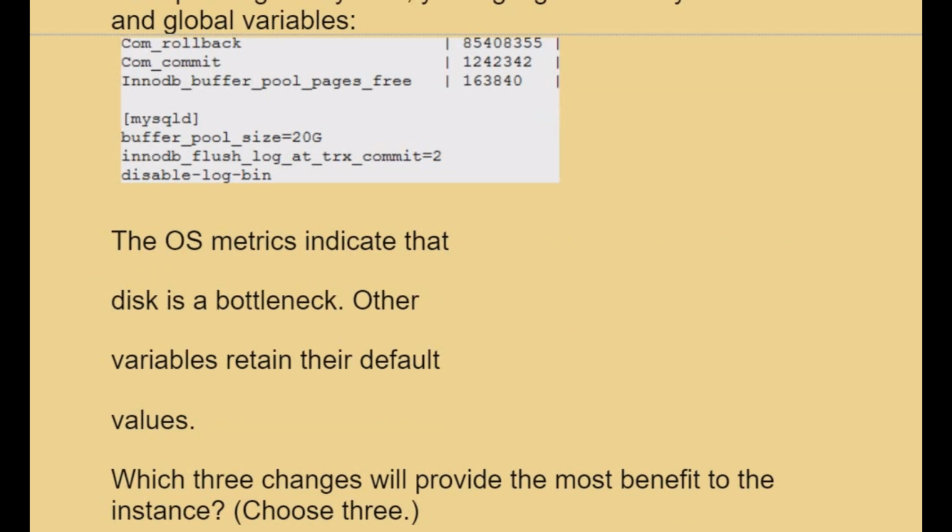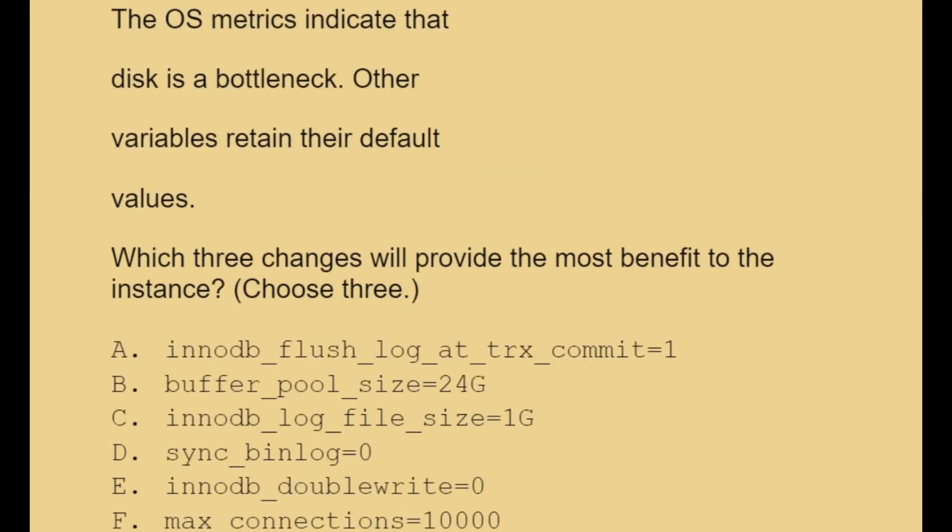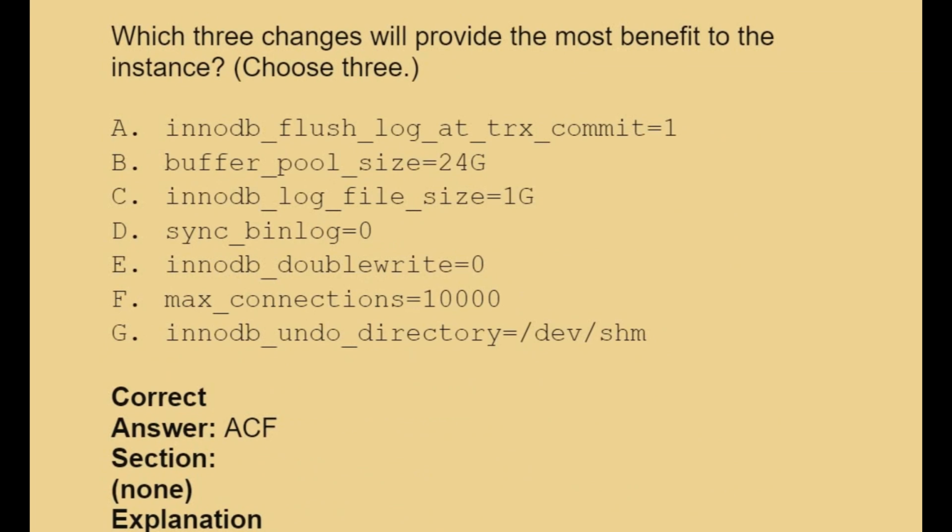The OS metrics indicate that disk is a bottleneck. Other variables retain their default values. Which three changes will provide the most benefit to the instance? Please see the options. Correct answer is option A, C, and option F.